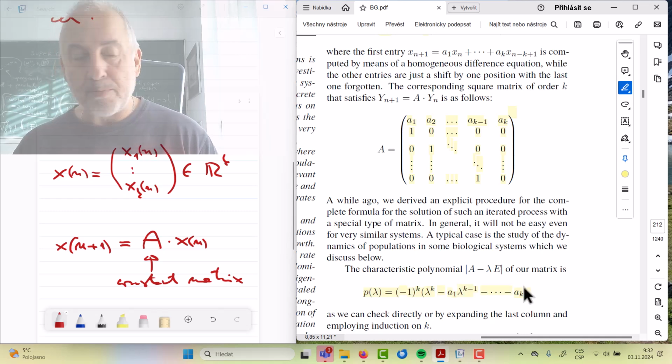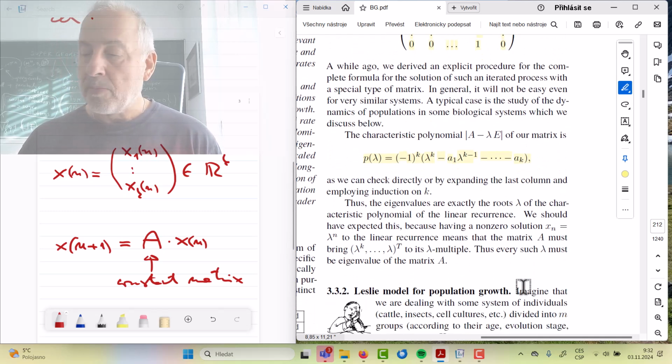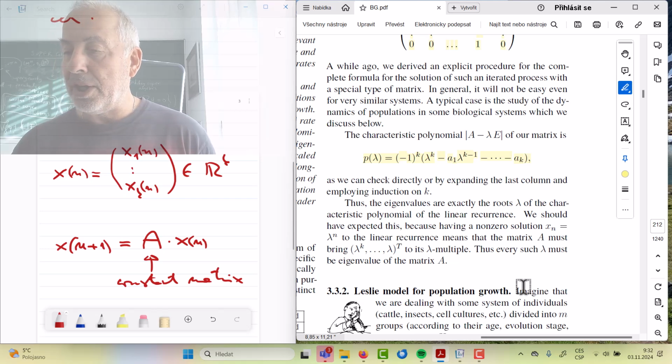So that's what's written here. That's the characteristic polynomial. And now the nice thing is that you see immediately that if you really iterate, what does it mean?